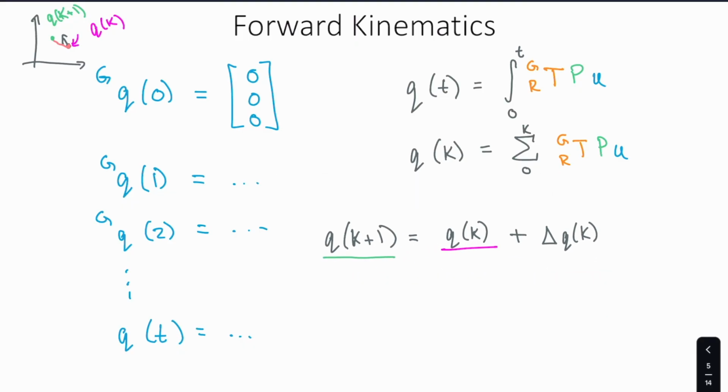The last thing that matters is how long we were traveling at this angular and linear rate. If we were doing it for 1 second, maybe we jump from here to here. If it was for half a second, we want to jump half as far. If it was 2 seconds, then we would jump twice as far. So the amount of time that we're traveling at this rate also matters.